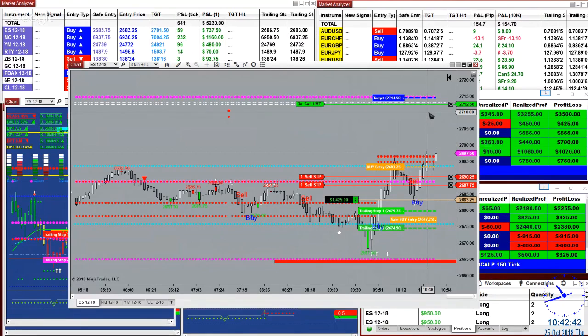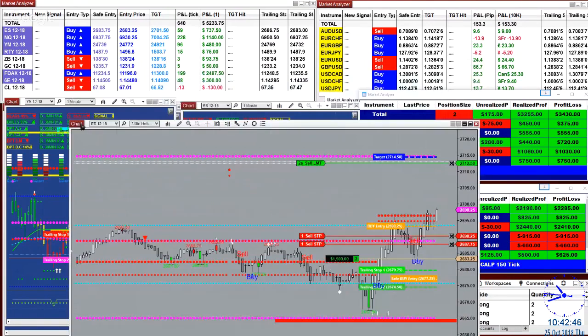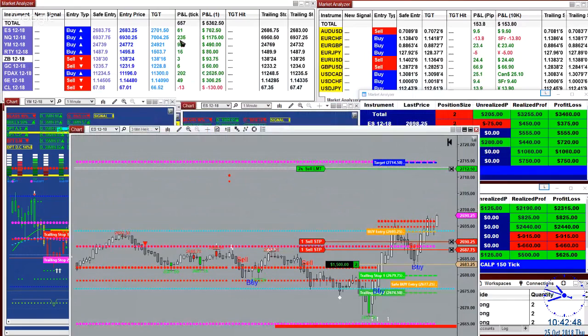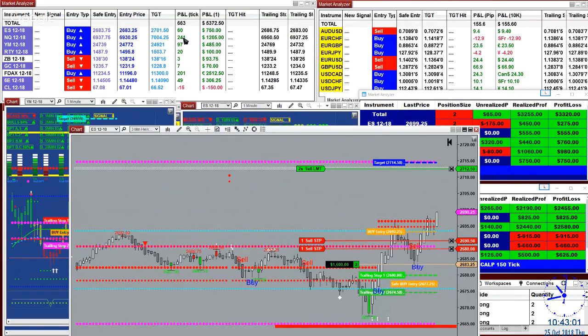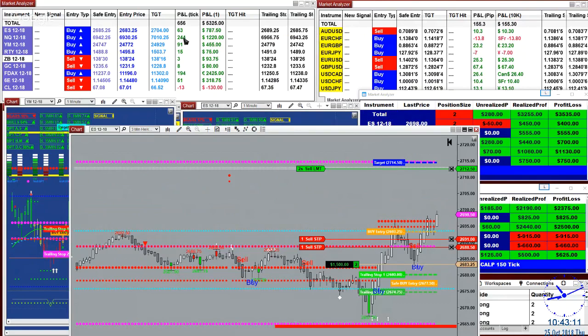On the Nasdaq, on the last entry, which happened right before we came in live here on YouTube, 236 ticks. This is why I like the Nasdaq. The Nasdaq on that system here is doing extremely fine. Even for a guy who doesn't have a lot of capital, he can start trading on the Nasdaq.